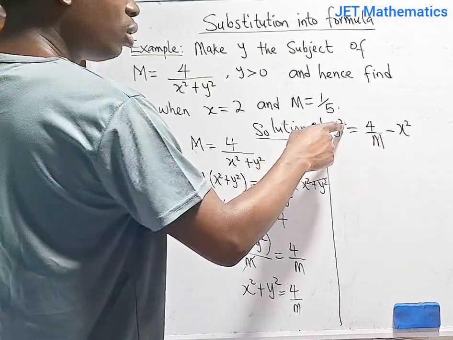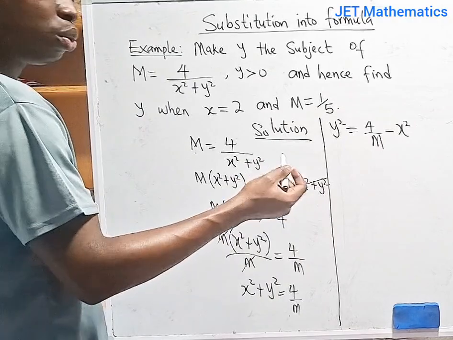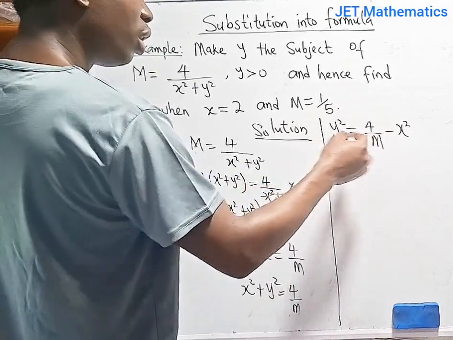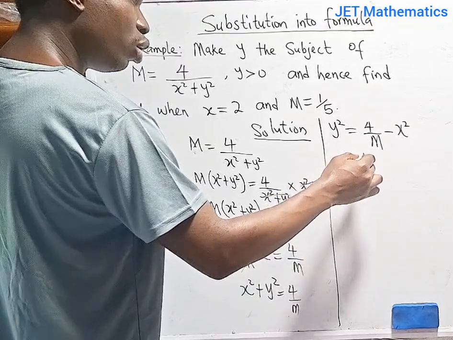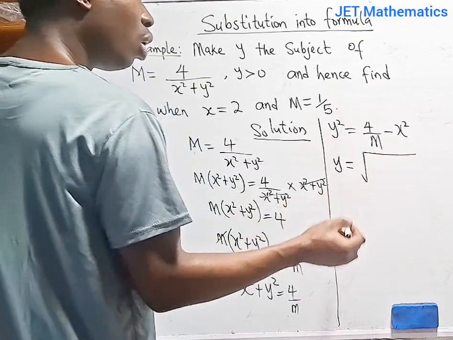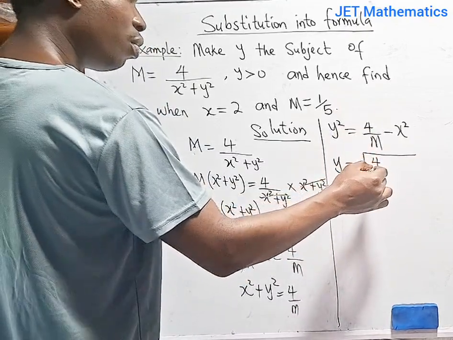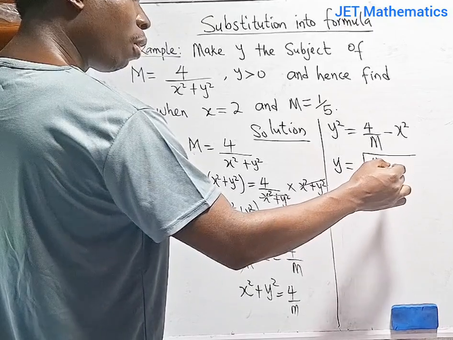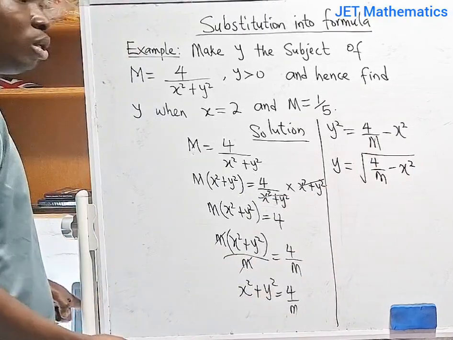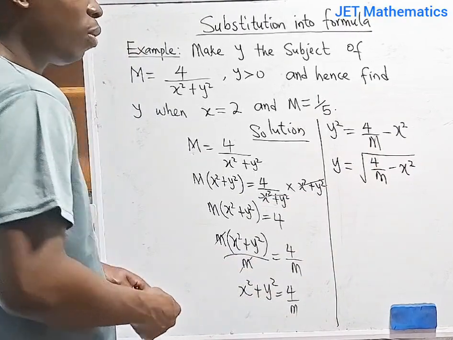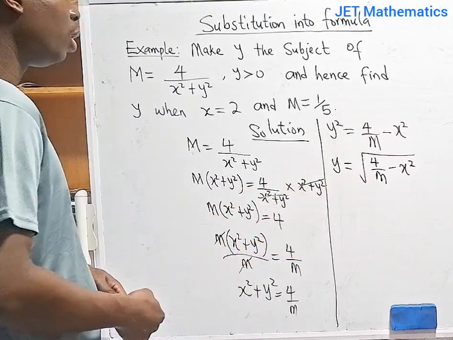And then since this is y squared, we take the square root. If we take the square root of both sides, we are going to have y equals to the square root of 4 over m minus s squared. So that becomes the subject formula for y.